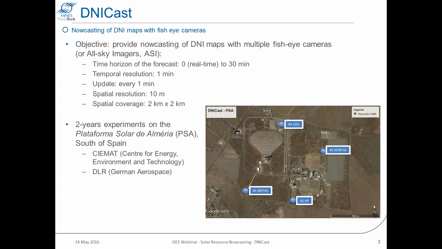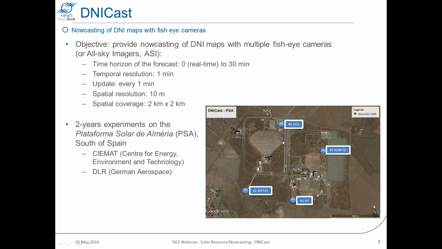Within the framework of this project, we have 2 years of experiments on the Plataforma Solar de Almería, PSA, in the south of Spain, which is operated by CIEMAT, the Center for Energy, Environment and Technology of Spain, and also by the DLR, the German Aerospace Center. In this figure, you can see the PSA from Google Earth. This is more or less 2 kilometers by 2 kilometers.